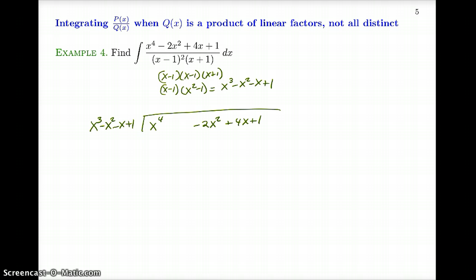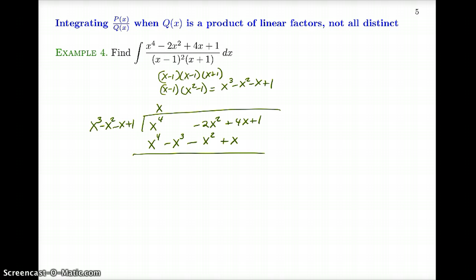And x cubed goes into x to the fourth x times. I multiply x by x cubed, and then by minus x squared, and by minus x, and then by 1. Let's see, so x to the fourth minus, yeah, that seems right.